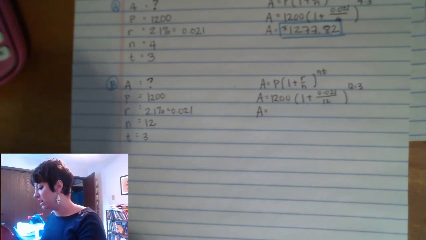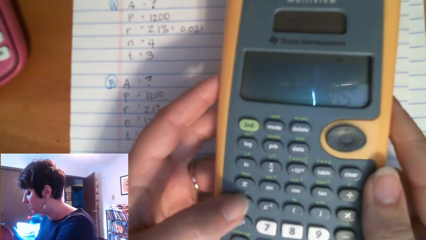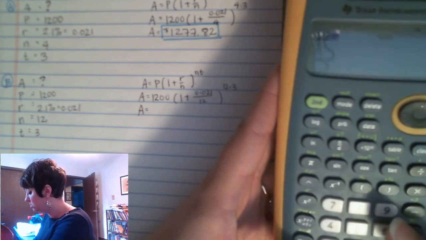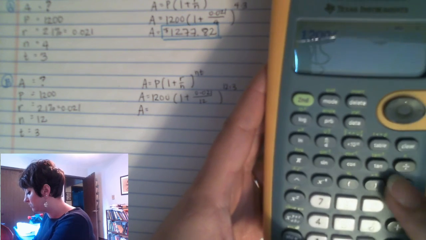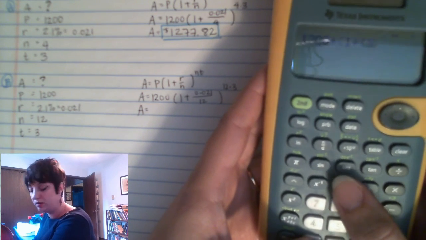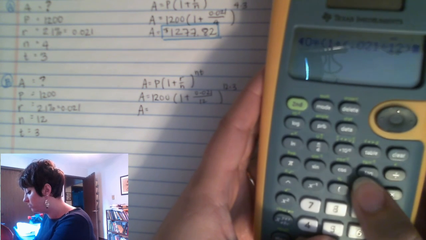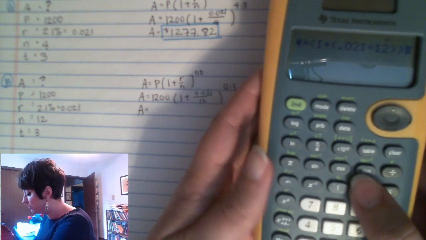All right, so again, calculator. I'm going to show you guys how you can type it on one that has the caret key. So 1,200 times, I think you have to write the times, 1 plus parenthesis 0.021 divided by 12. So I close my parenthesis and then I have to close it again.